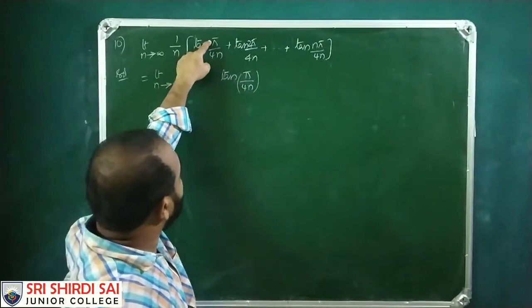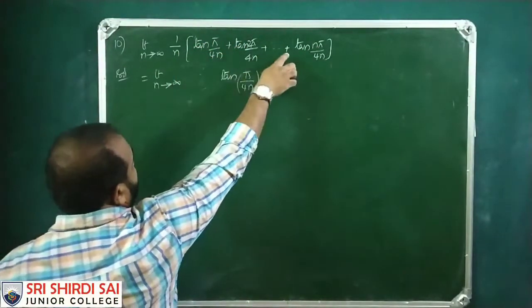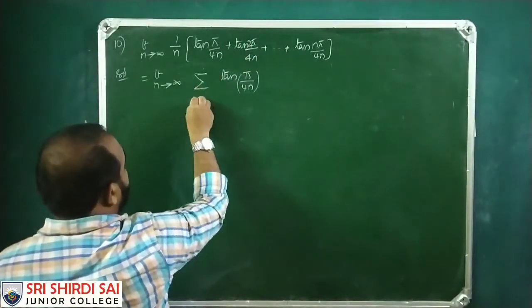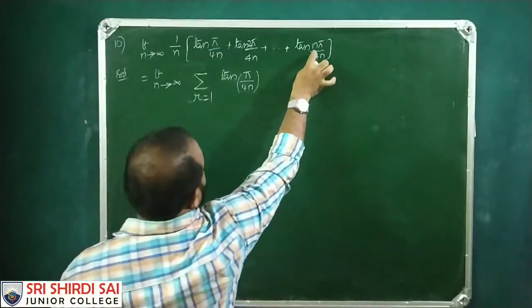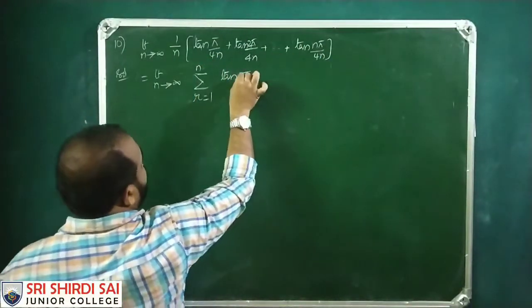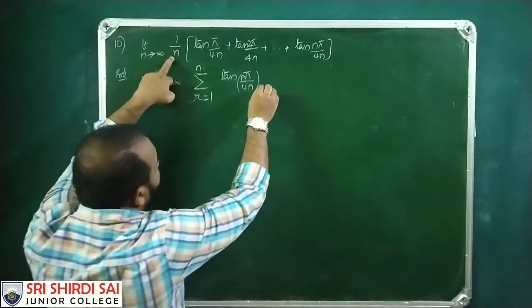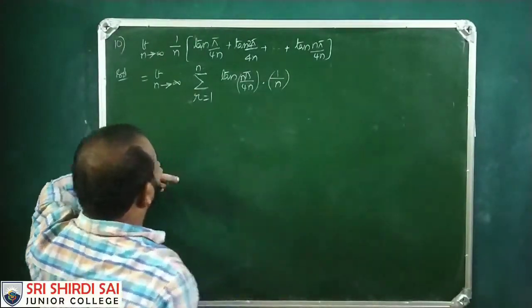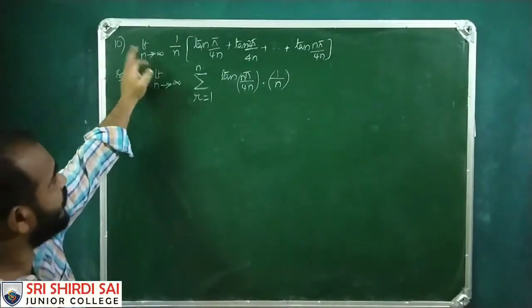So here this is 1 pi, this is 2 pi, etc. n pi. Since this is a plus, we can write it as sigma r runs from, this is 1 pi, so 1 to n. So here n I will write here into 1 by n. So again I am telling you, this 1 by n is this, limit n to infinity same.